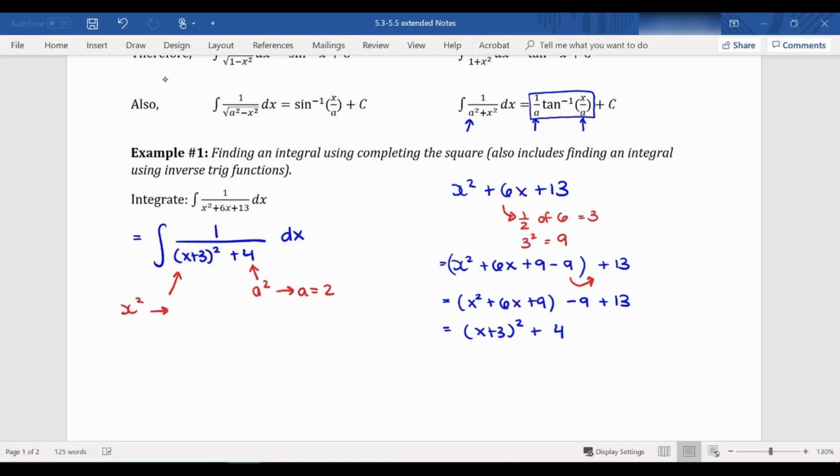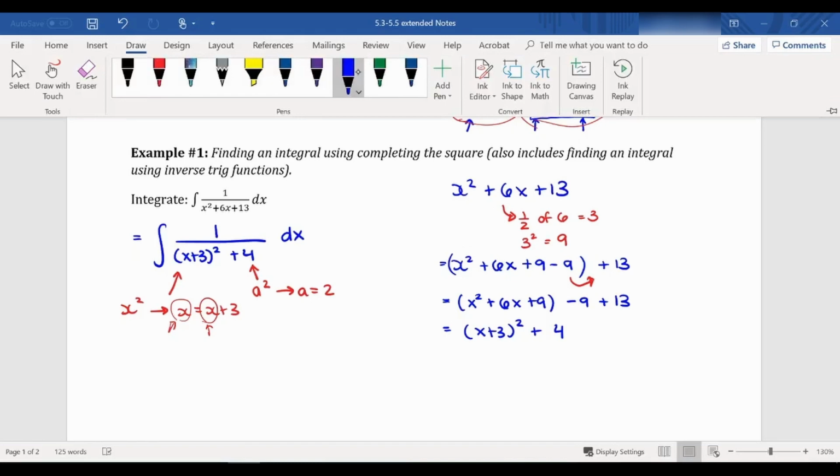So this means that my x is x plus 3. Now, this is terrible notation because this x and this x are not the same x. This x is from my tangent expression up here, and this x is from my x plus 3 squared. So this is not great notation, but we'll roll with it.